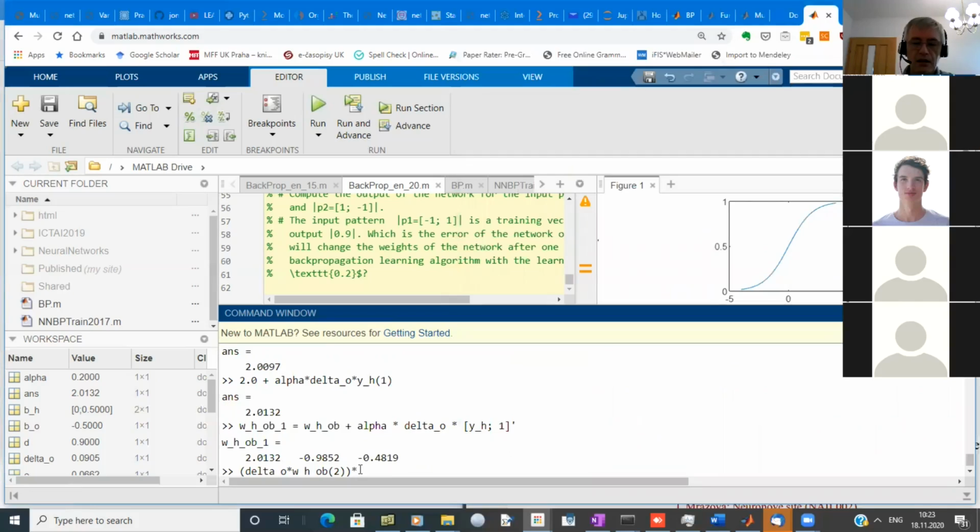So it is the output of the second hidden neuron times 1 minus the output of the second hidden neuron. You know that y sub h is a column vector, so maybe it would be better to write it this way, that in MATLAB, if it is a vector, we can use just a single index.